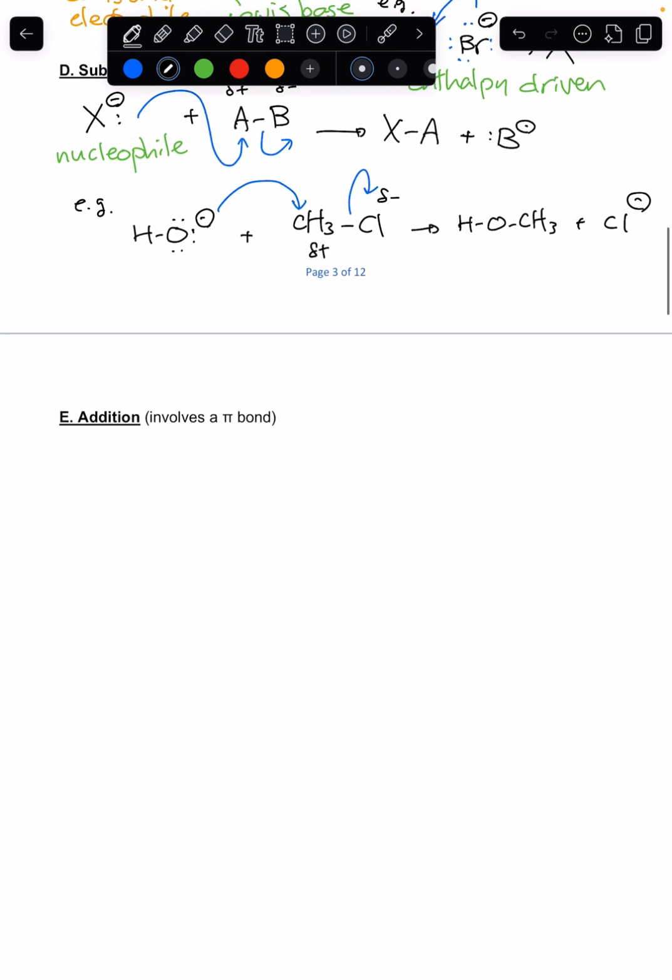Okay, and the last type of reaction would be addition reaction. And that's when you have a couple different flavors. So there's the nucleophilic addition, and then there's the electrophilic addition, and we'll look at both. And let's say we have this generic nucleophile, we'll just say Nu, and then there's this A to B double bond where A is electrophilic and B is an electronegative element.